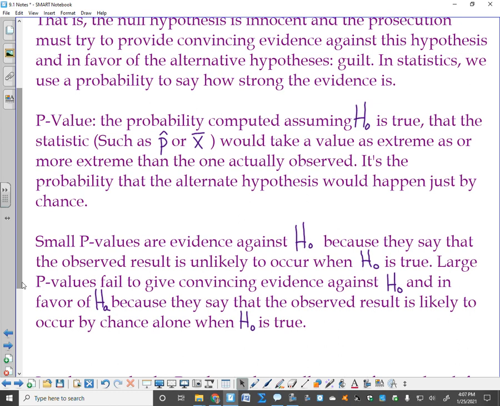Small p-values are evidence against H sub 0. There's a tiny chance that that ladder is going to kick out on its own, fall on me, and kill me. If there's a small chance that that's going to happen, then that is evidence against H sub 0. Now, H sub 0 here is that Miss Hunter is innocent.